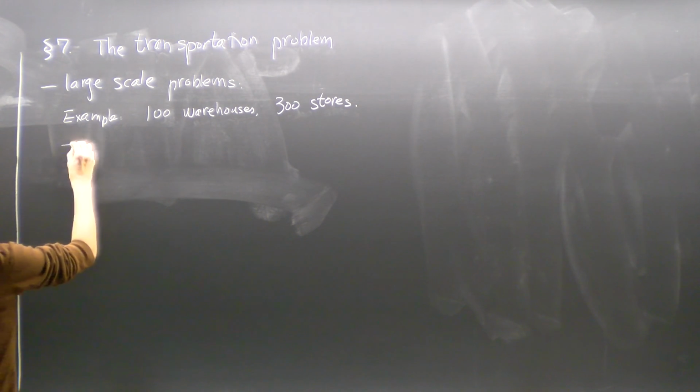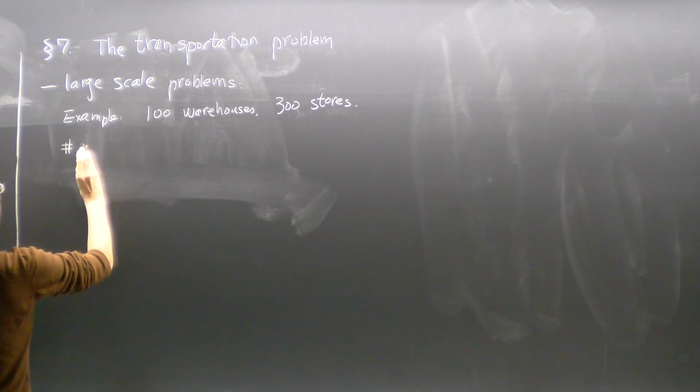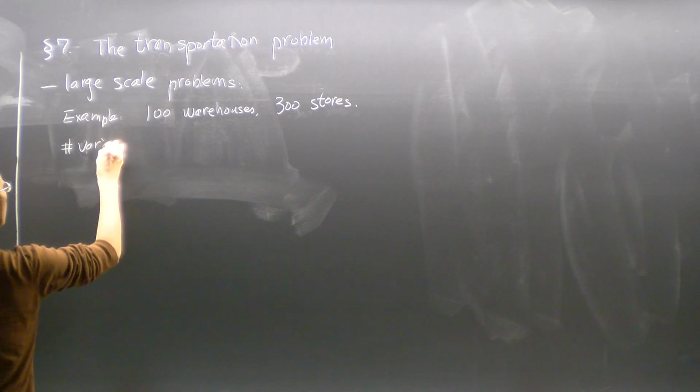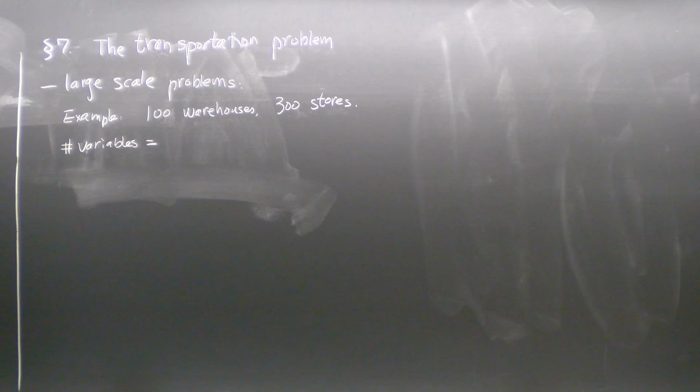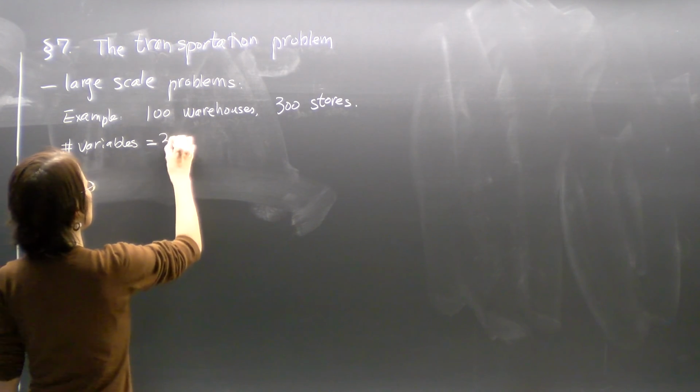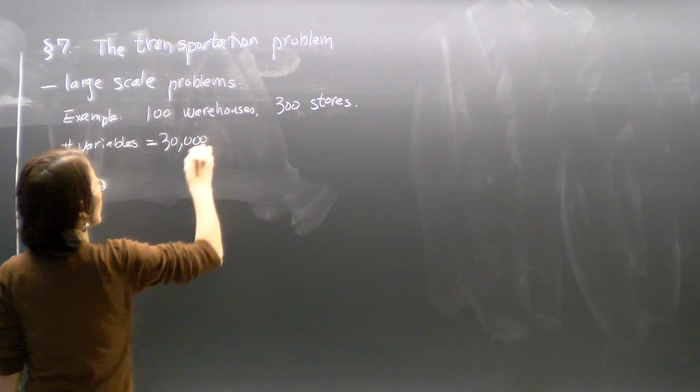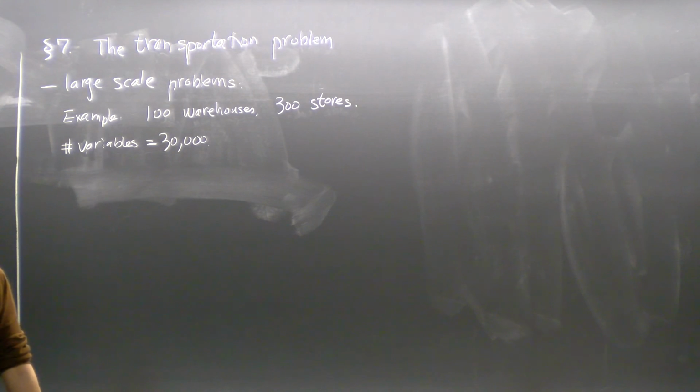What will be the number of unknowns, variables? Isn't that 100 times 300? That will give me 30,000.